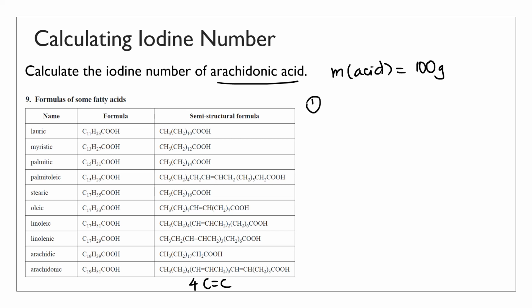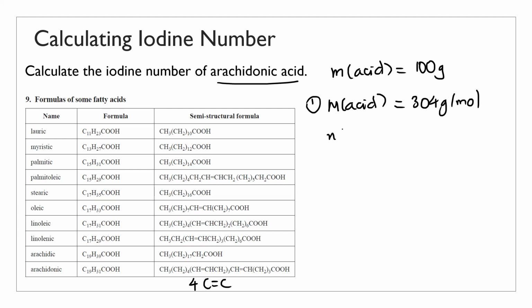So in order to find the number of mole of the acid, I'm going to find the molar mass, and you have the, well, it's not molecular formula, but it's pretty close to, and at least you don't have to count all the hydrogen. That would take a while. So you have 20 carbon in total plus 32 hydrogen and 2 oxygen, so 304 is the molar mass that I have found.